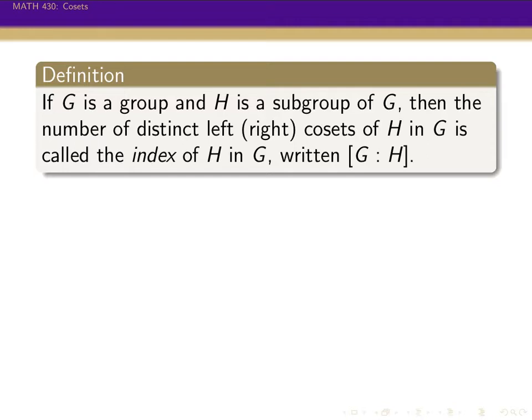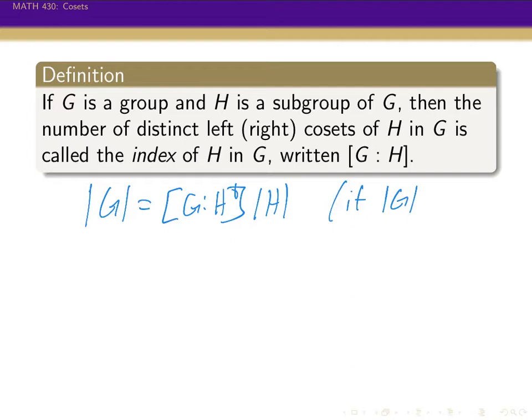And so one way to think about what Lagrange's theorem says is that the order of G is equal to the index of H in G times the order of H. And this is if the order of G is finite.